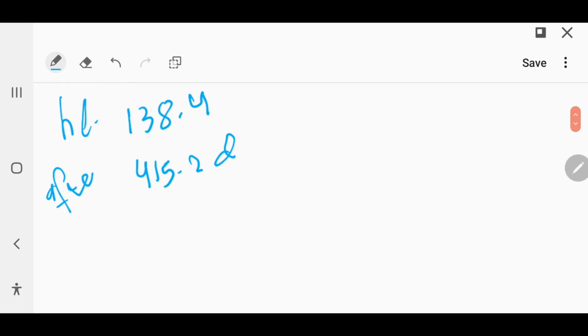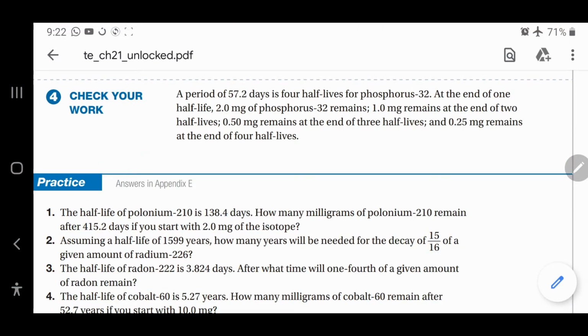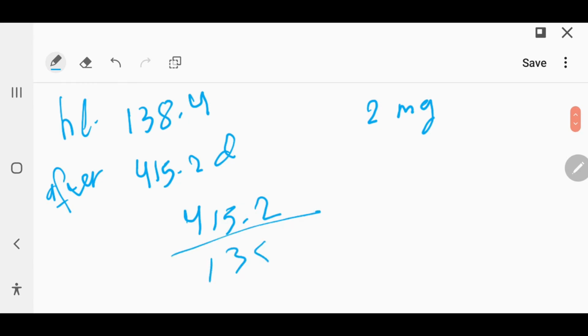So the initial quantity is 2 milligrams. First, we have to find how many half-life periods we have. So simply 415.2 over 138.4, which will give us 3. So we are talking about 3 periods of half-life.